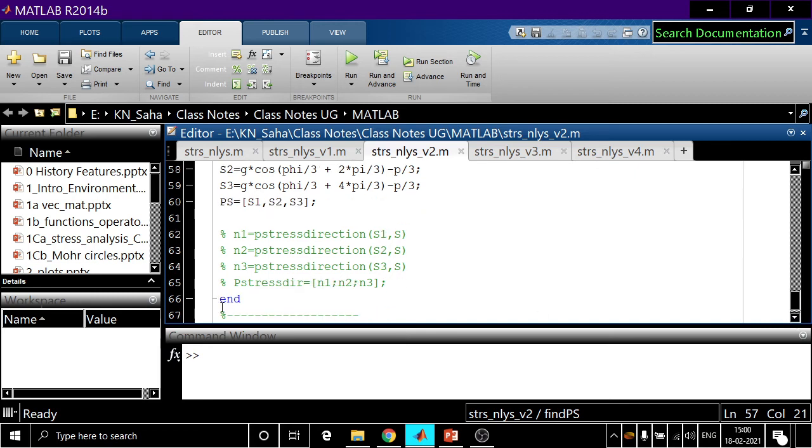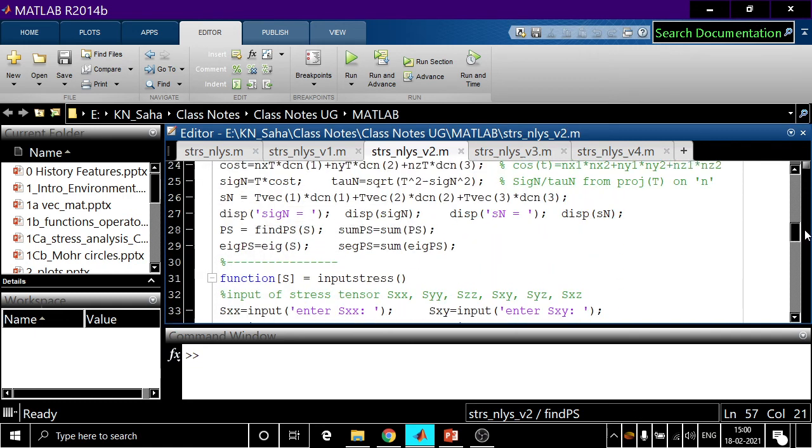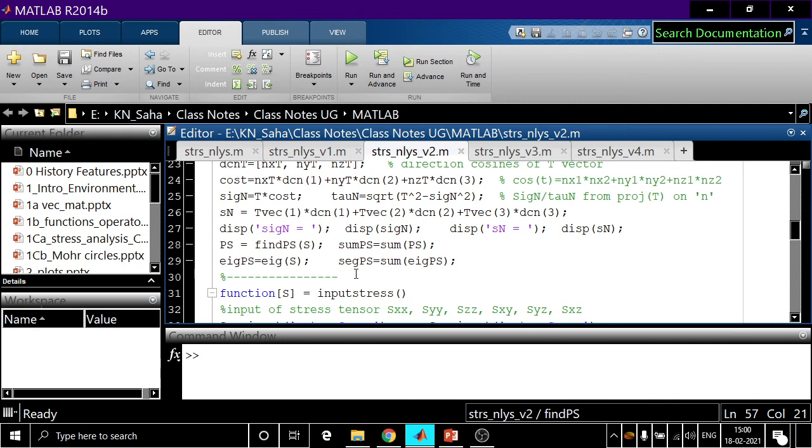So this is the end of our subroutine. From there, we'll get this principal stress. And what is done here? This summation of principal stress should be equal to the diagonal terms of our stress matrix.